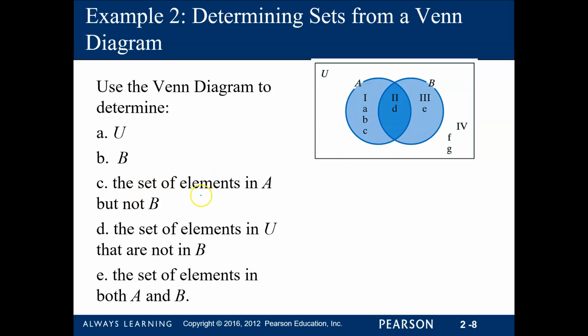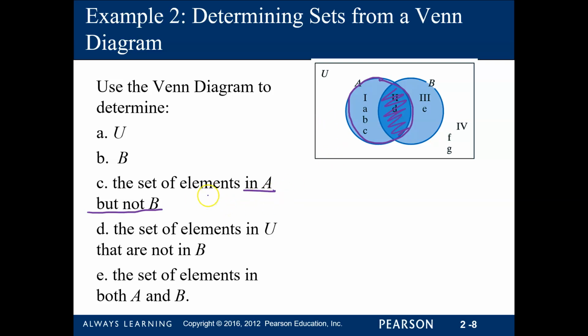The set of elements in A but not in B. So all the elements in A are represented by this circle here. But we are looking for the elements in A but are not in B. So they should not be in B. As you can see, B and A overlapped in this area, which means D is also part of set B. So what are the elements in A but not in B?